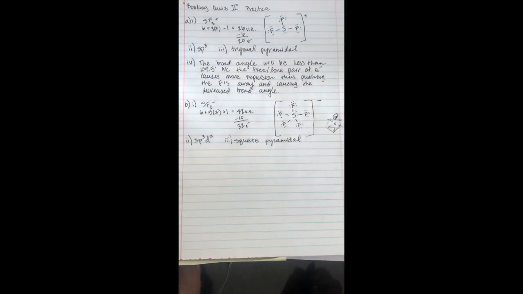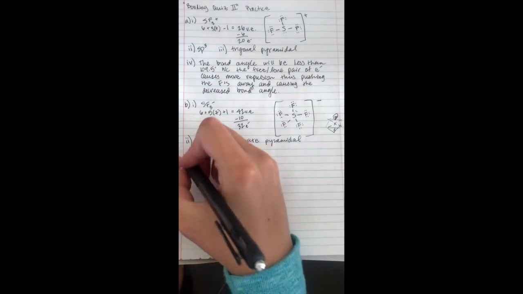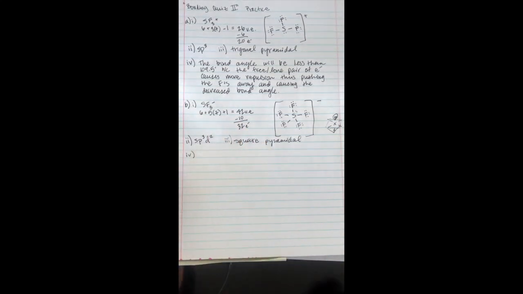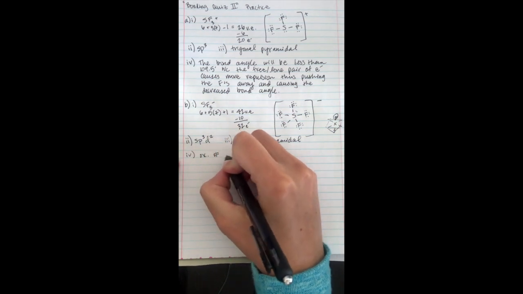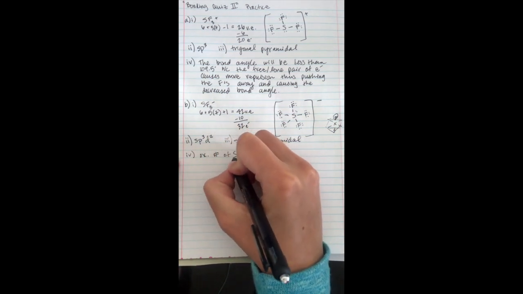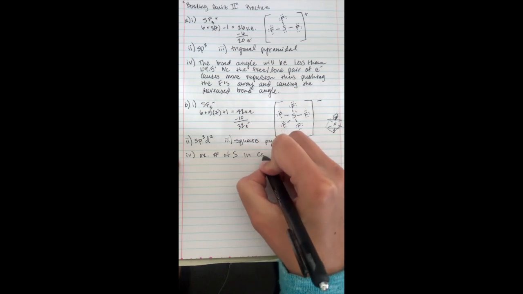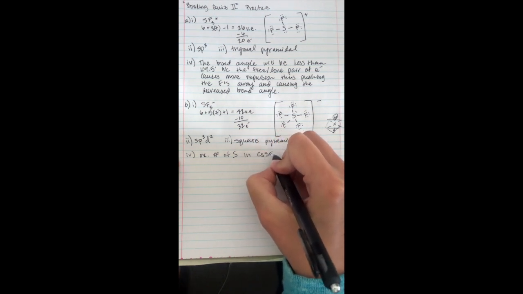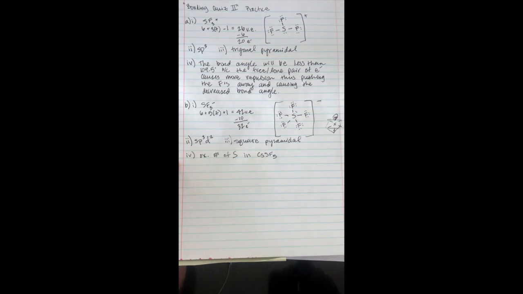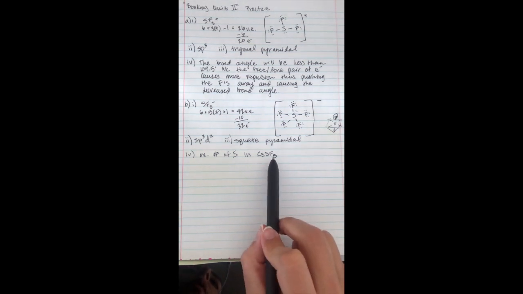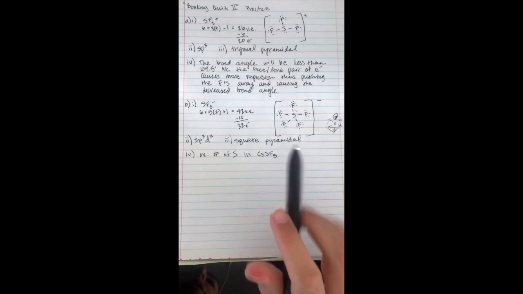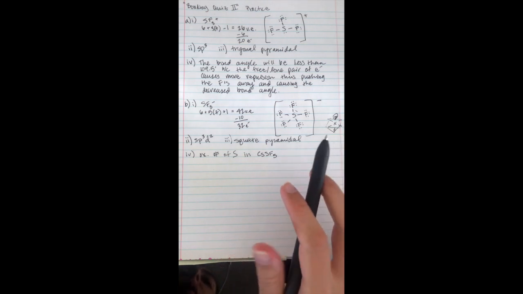Okay, and then the last question, part 4, asks for the oxidation number. And they want it of sulfur in CsSF5. Okay, so this on its own would be a bit more confusing, but the problem has given us a really big clue.